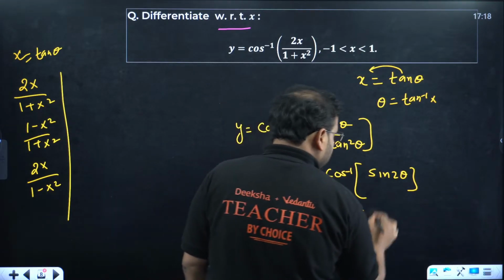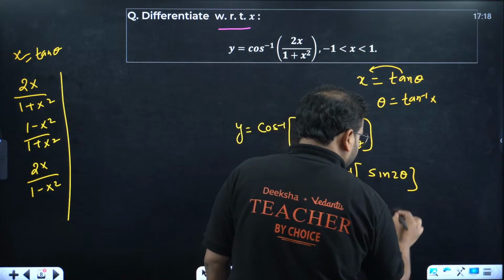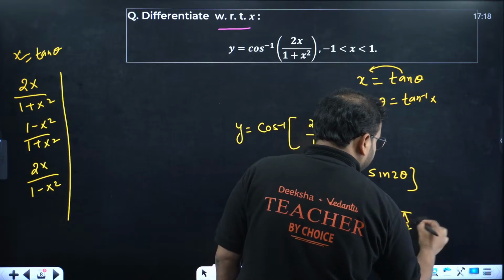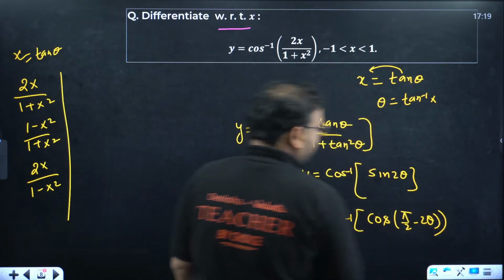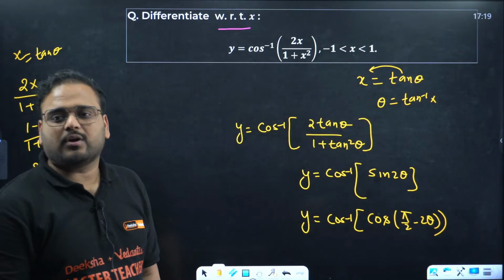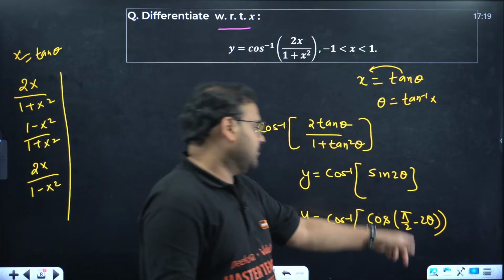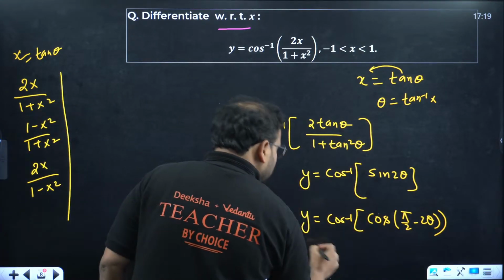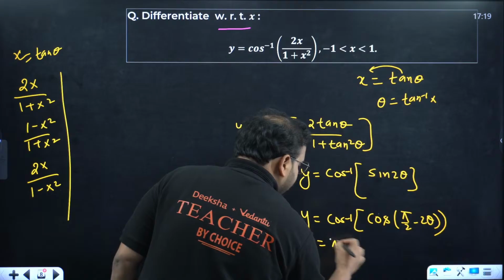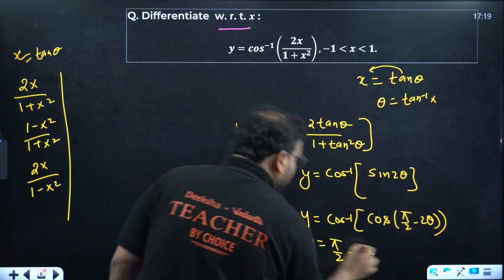Cos inverse. This will become cos of pi by 2 minus 2 theta. Cos of 90 minus something is what? Sine of that angle. Now operate cos inverse of cos. You'll have the answer as pi by 2 minus 2 theta.